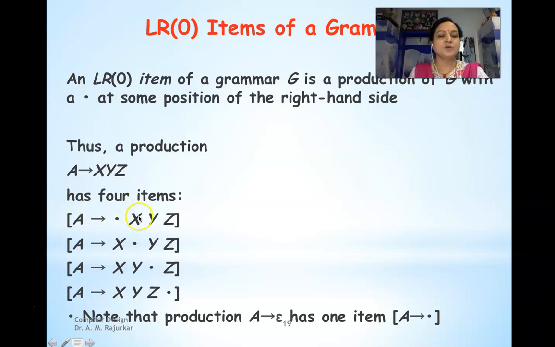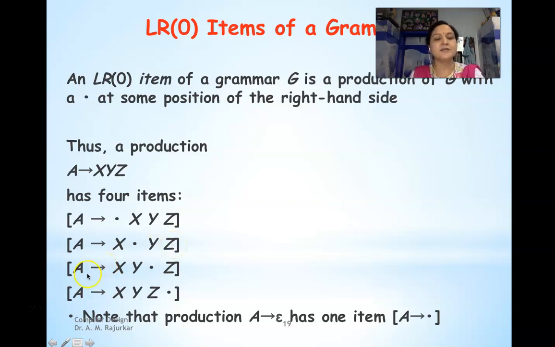A tends to dot XYZ means the dot is at the beginning of the production, so XYZ are not yet read by the parser. After the dot, X is the next symbol the parser is going to read. The next possibility is that when X is read by the parser, the dot is shifted to the right. This means X is read and Y and Z are yet to be read.